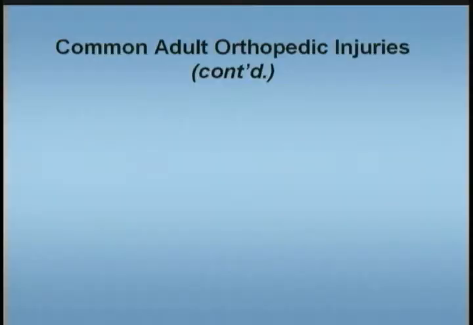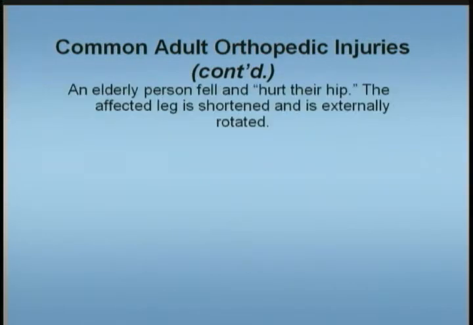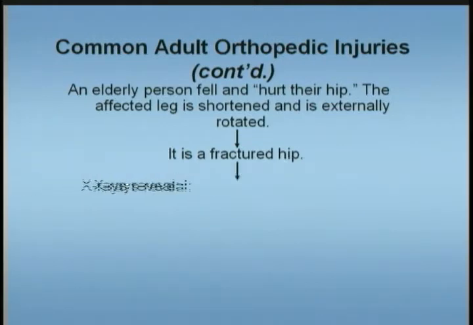And let me go then through this decision tree. We start with an elderly person who fell and hurt his hip. And you realize that the affected leg is shortened and externally rotated, either because you're shown the picture or you're told. Then we know that it is a fractured hip, but now we have to look at the x-rays.